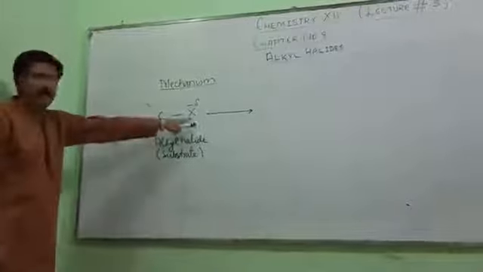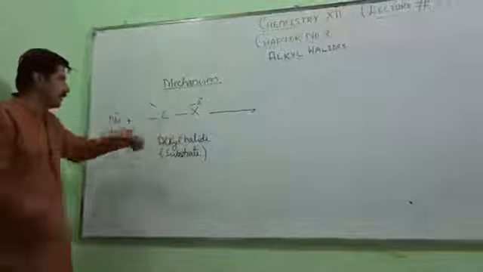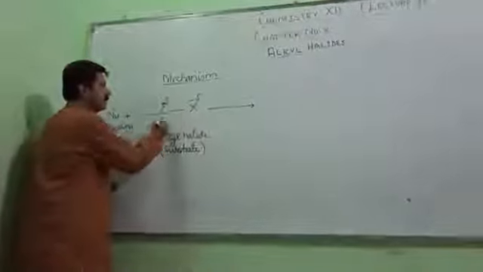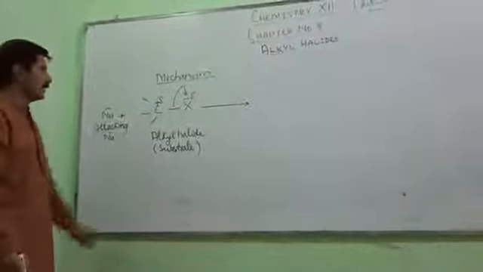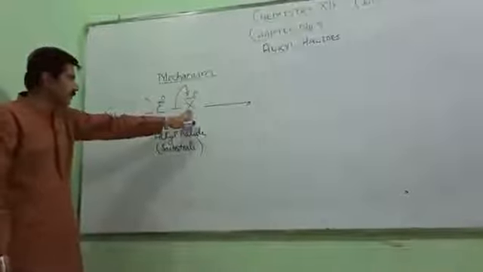Now here, the halogen atom, being more electronegative than the carbon atom, will try to gain the electron pair towards itself and detach itself from the carbon atom.